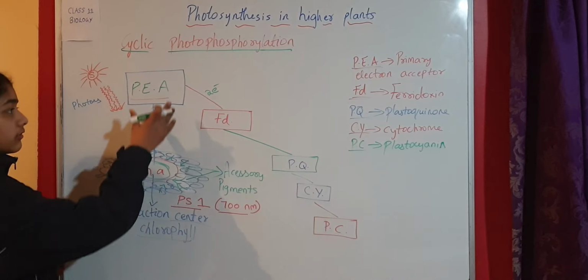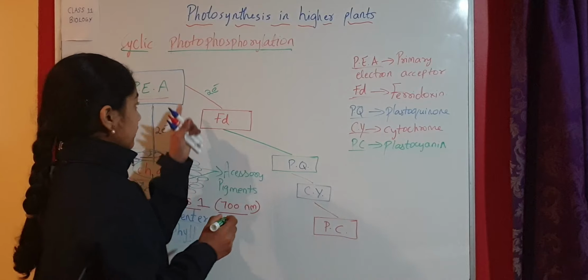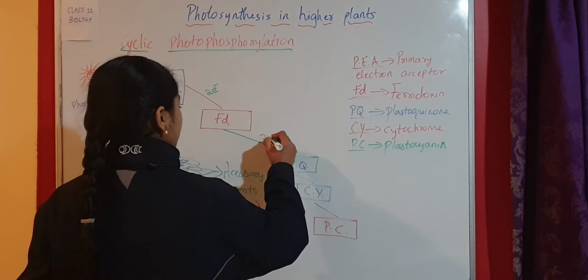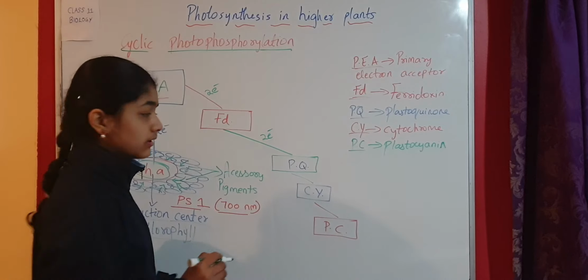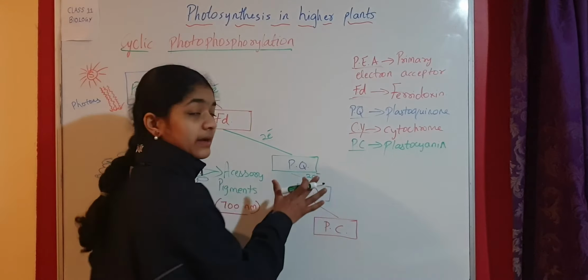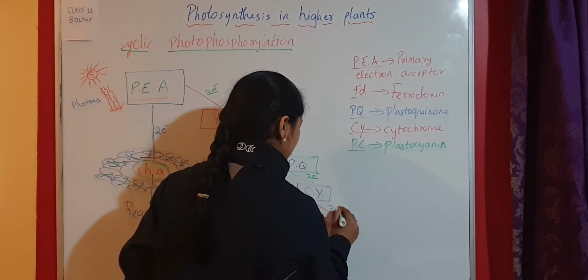The pair of electrons from the primary electron acceptor is going to travel to ferredoxin, and from here it's going to go to PQ, which is plastoquinone, then from plastoquinone to cytochrome, and from cytochrome to plastocyanin.